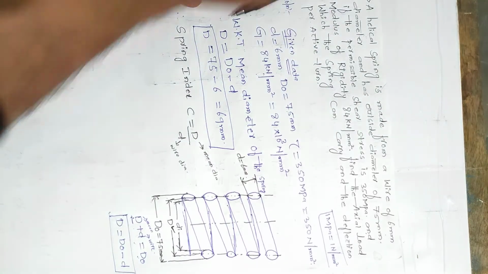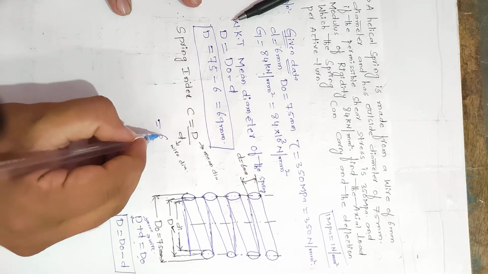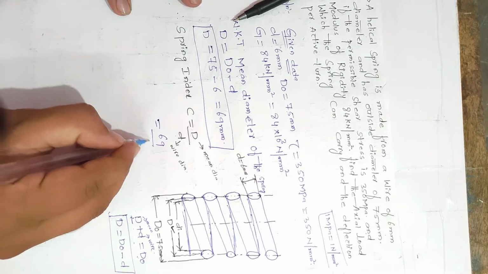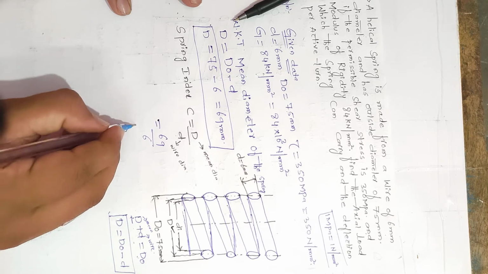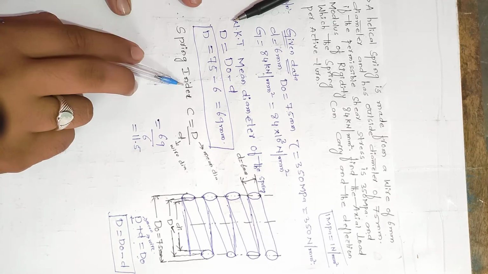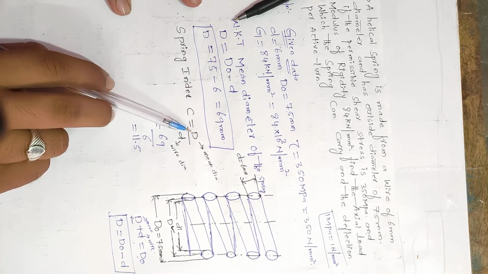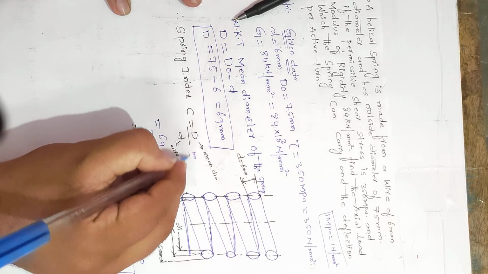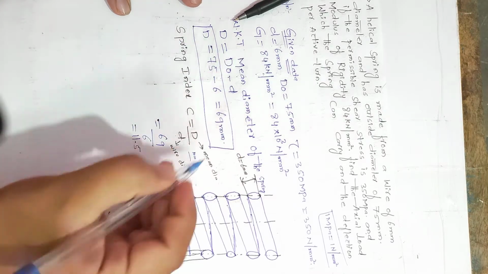Here the mean diameter is 69 mm and the wire diameter is 6 mm. If you divide 69 by 6, you will get 11.5. The spring index has no unit, because the mean diameter is in mm and the small d wire diameter is also in mm.